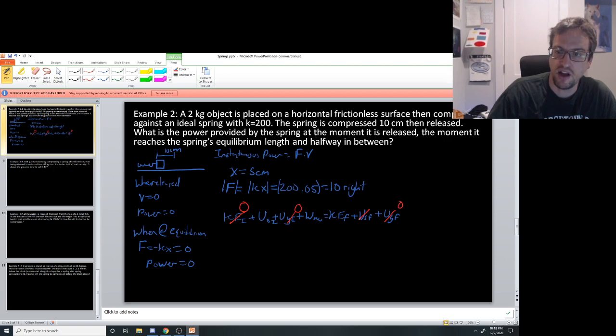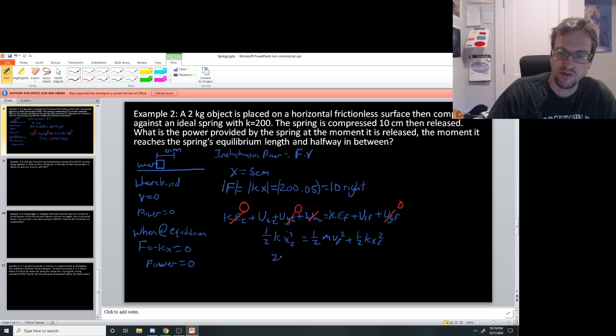The spring is, oh, sorry, that's actually not 0. But there's no non-conservative work, no friction, right? Frictionless, no non-conservative work. So we can rewrite this as 1/2 k times x initial squared equals 1/2 m v final squared plus 1/2 k x final squared.